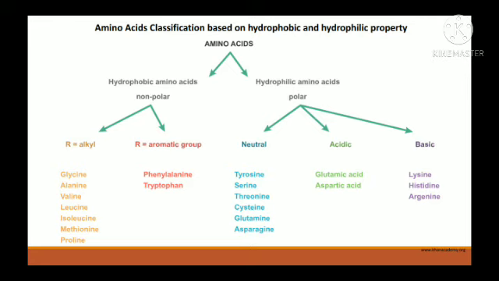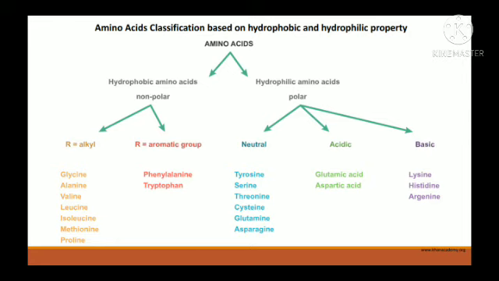Alkyl are those which carry a long hydrocarbon chain, carbon, hydrogen, carbon, hydrogen, in this way, and the chain is not in the form of a ring. They are said to be the aliphatic or alkyl type of amino acids. Okay, so now it's time to explain the structure of all these amino acids based on the charge.